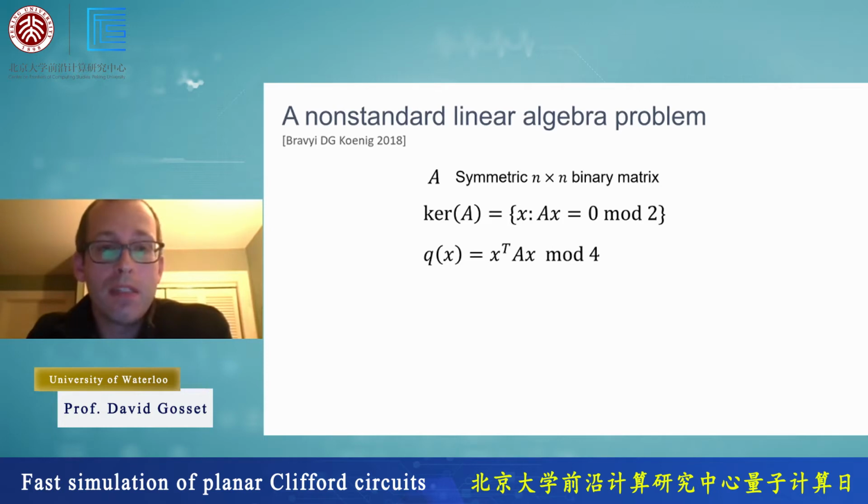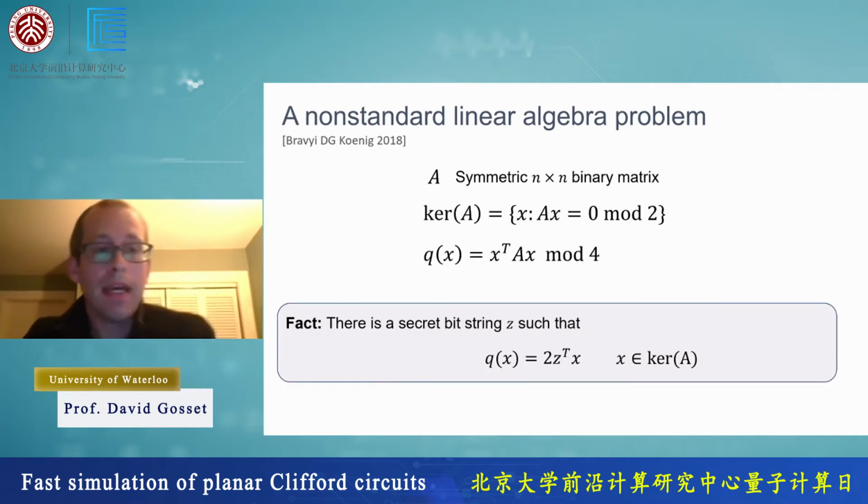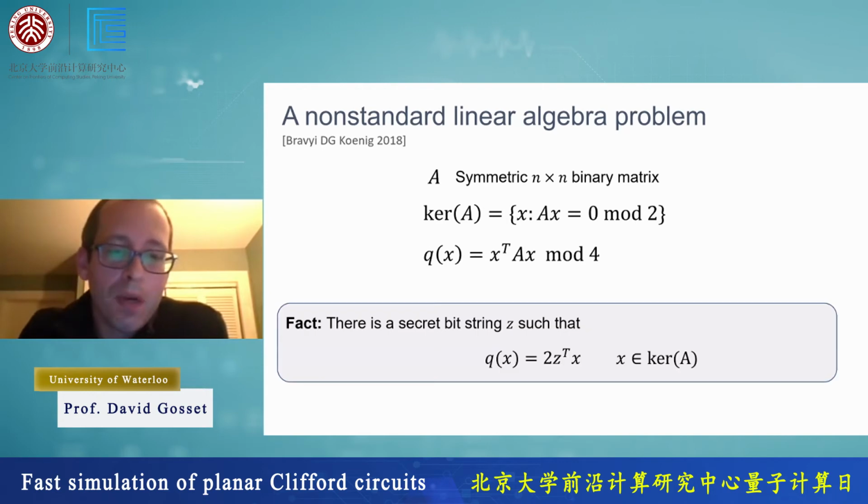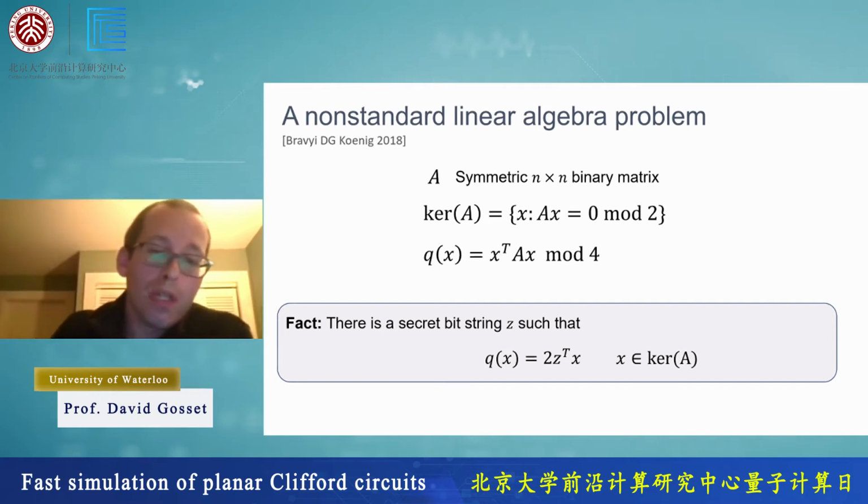So all of these things are defined only in terms of this matrix A, which is the input to the problem. And it's not hard to show that if you restrict your attention to binary strings in the kernel of A, then this quadratic function, this Q of x, drops down to a linear function.